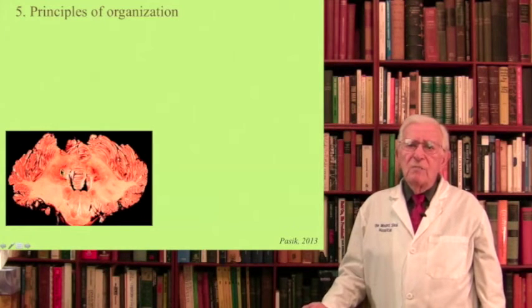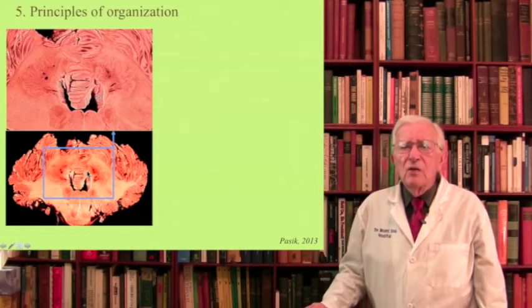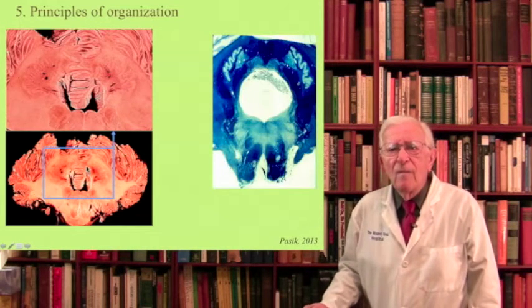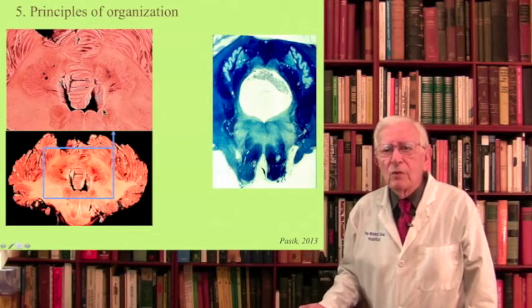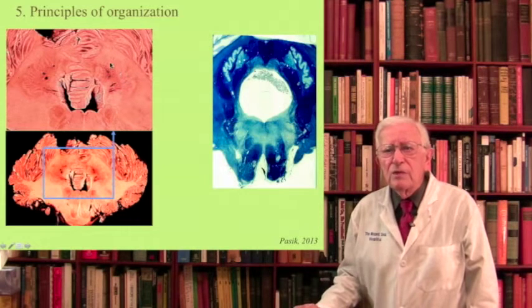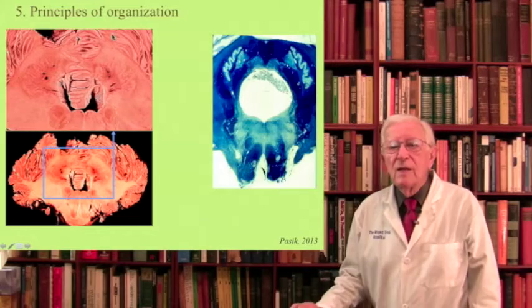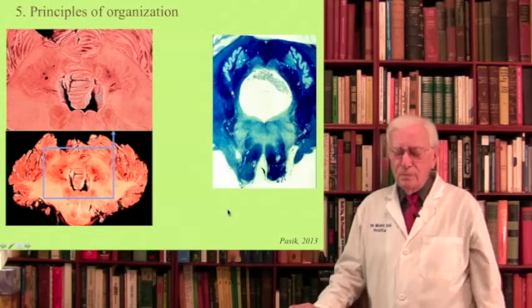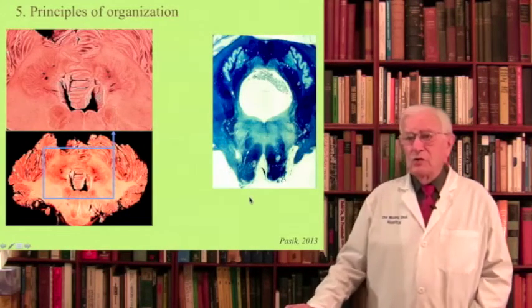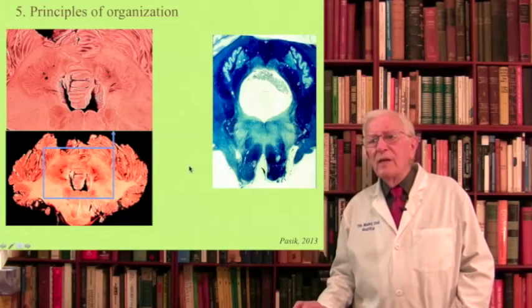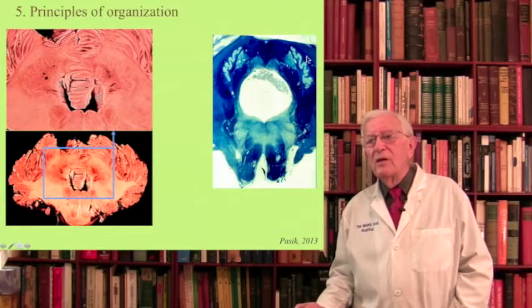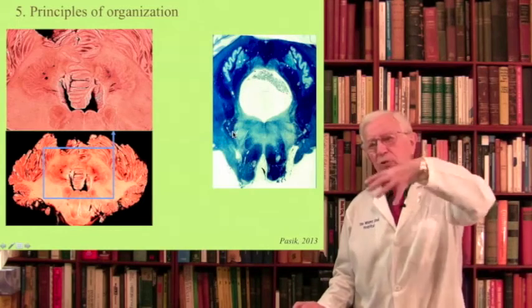Now, if you take a little piece of that and you enlarge it, then you can see here these nuclei that look convoluted, another nucleus here, another here, and here the cortex. All right. And when you do a panoramic section of the region, you see very well that all this cerebellum here is dorsal to the brainstem.